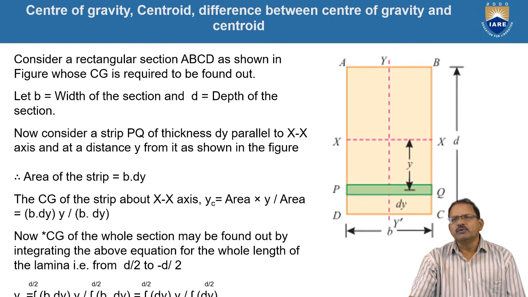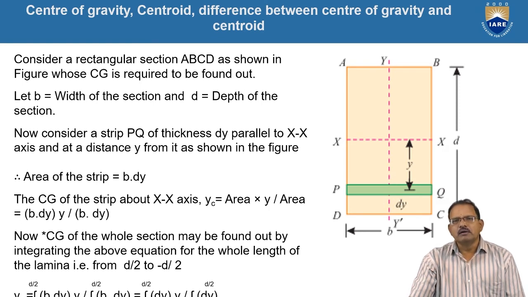In order to determine the position of the centroid by using the moments method, we are considering a strip at a distance of y, having infinitesimal thickness dy. Then the area of the strip PQ is given by B into dy.